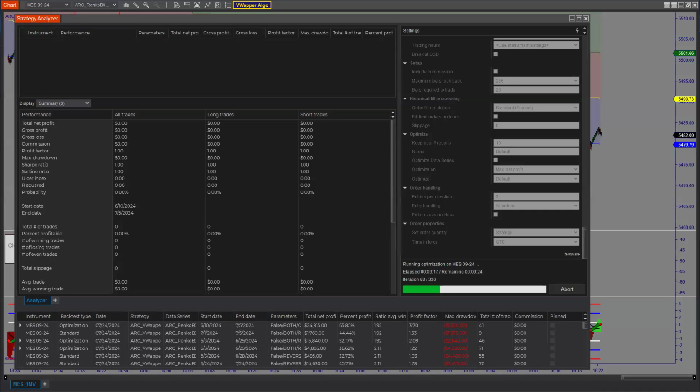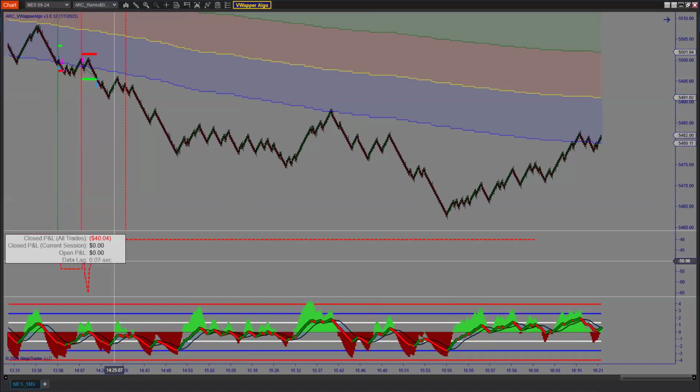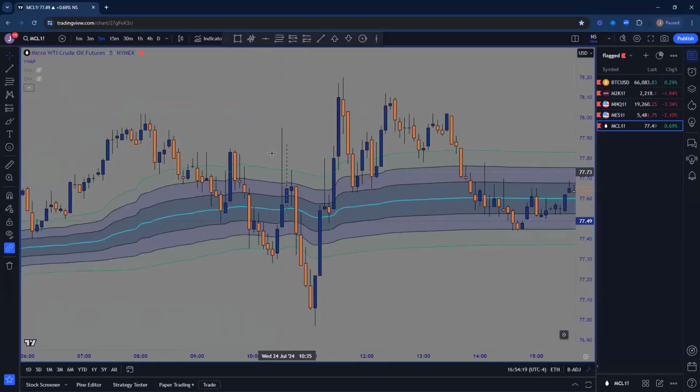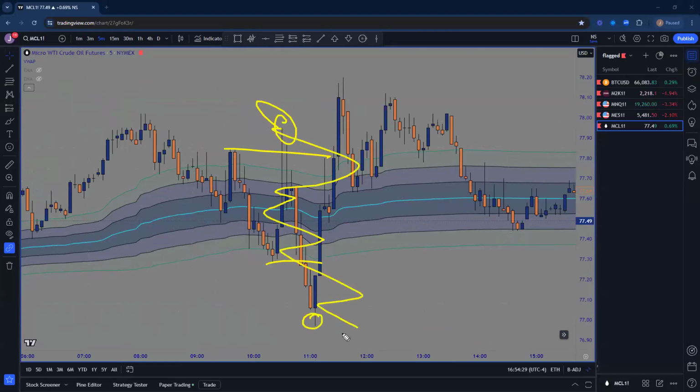Because what you'll see is the market will flush. And by flush, well, this one's not going to be a good example. Let's go back to TradingView for a second. You see this on crude, how it took out these highs and then took out the lows. That's a flush. That's like the market is just eating up orders in here.